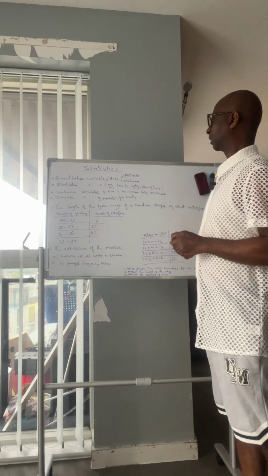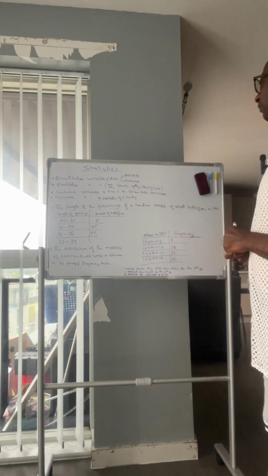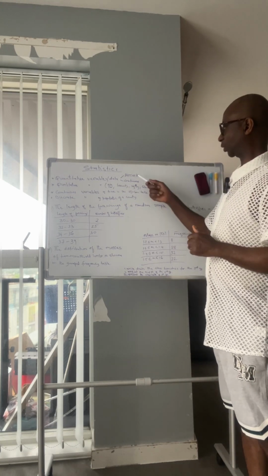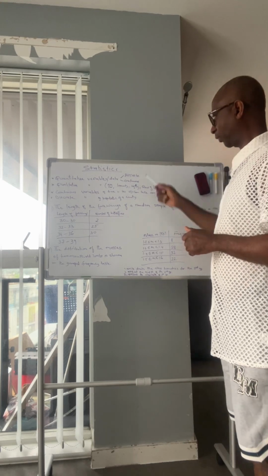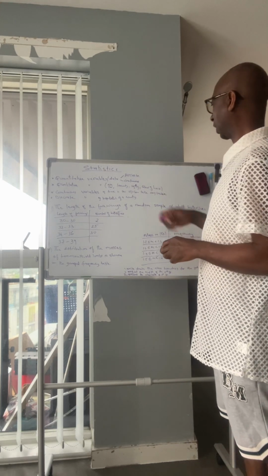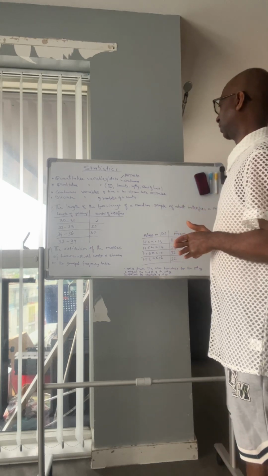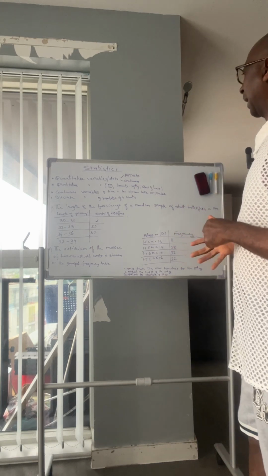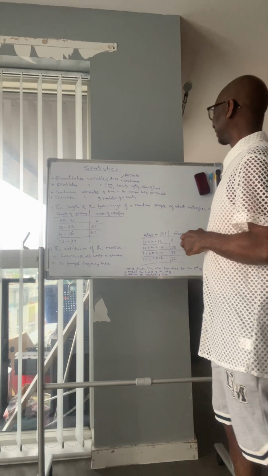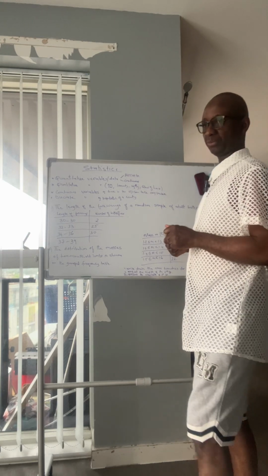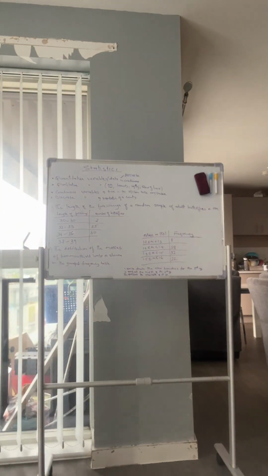Now, I didn't give an example of a quantitative variable or quantitative data because we have two types of them. They fall into two categories. We have the discrete variable.